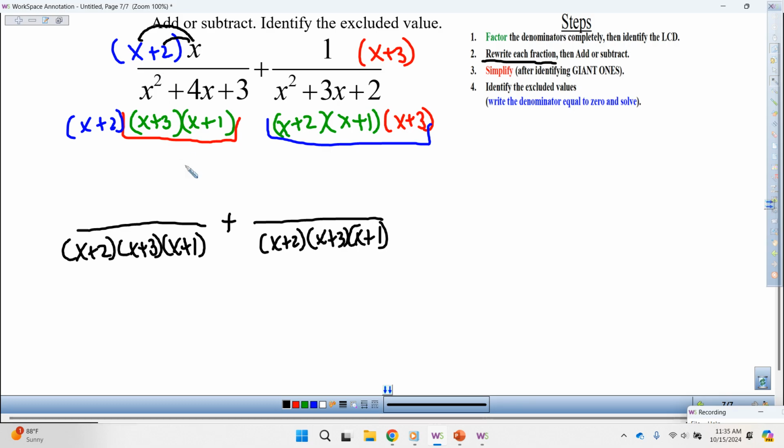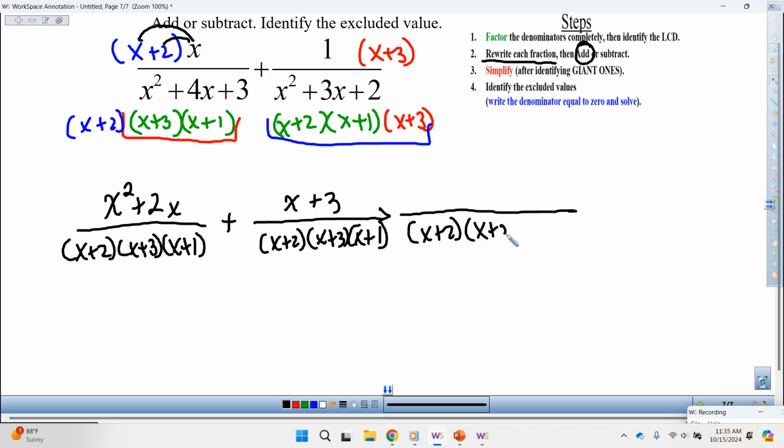Sebastian, pass someone. Joseph: x squared plus 2x. That is correct. So what do I write for the second one? Thank you. So now we go to add. x plus 2, x plus 3, x plus 1. And now we combine this.